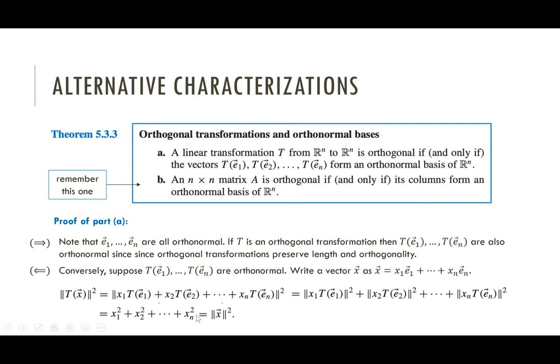Okay, so we have x1 squared plus x2 squared plus all the way up to xn squared. And that, my friends, is just the square of the length of x. Okay, so there we go. We've got the thing that you think about now when you see a matrix and you want to check if it's orthogonal. You have your test. The columns have to form an orthonormal basis, and we've kind of proved why.